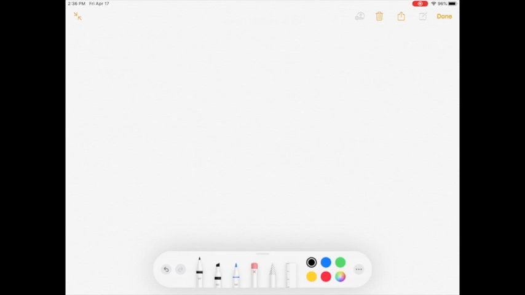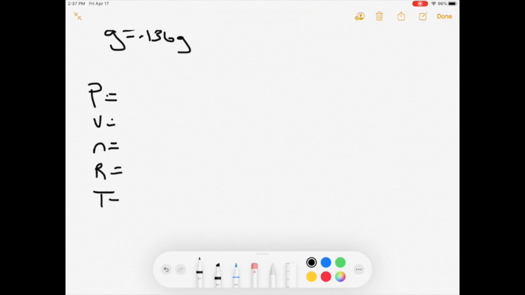Okay, so our grams is 0.136. Okay, there's our grams. So P, V, n, R, T. So all we're missing is n.